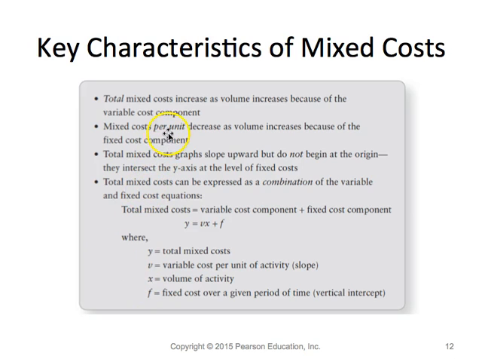Mixed cost per unit decreases as volume increases because of the fixed cost component. So this one's the same as this one. Total mixed cost is the same as mixed cost. When the volume increases, x increases, they are all positive, and y is going to go up.